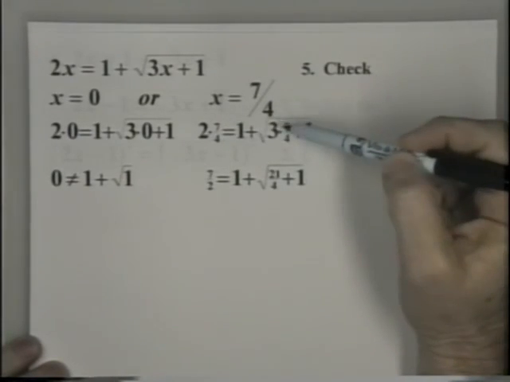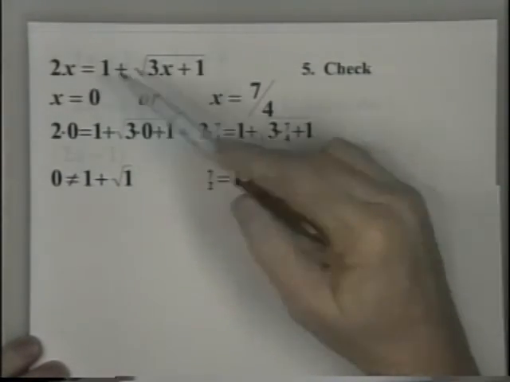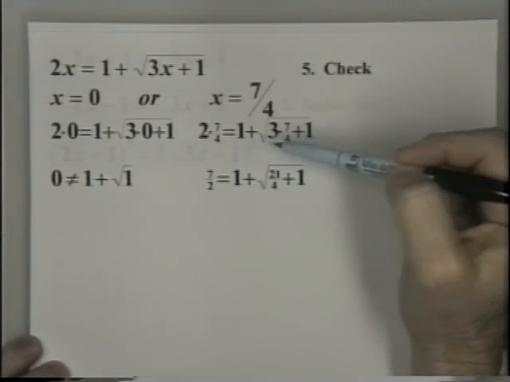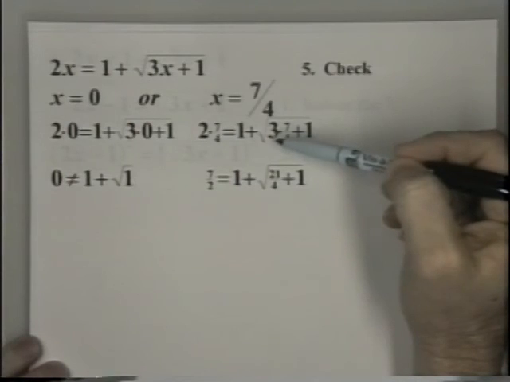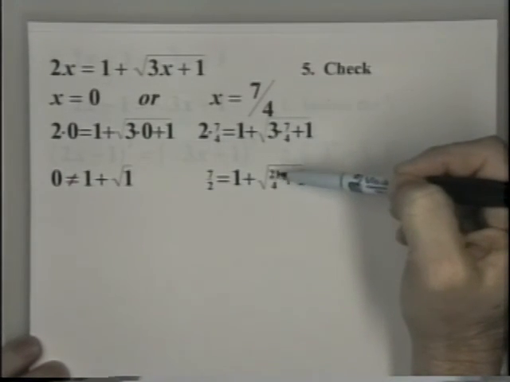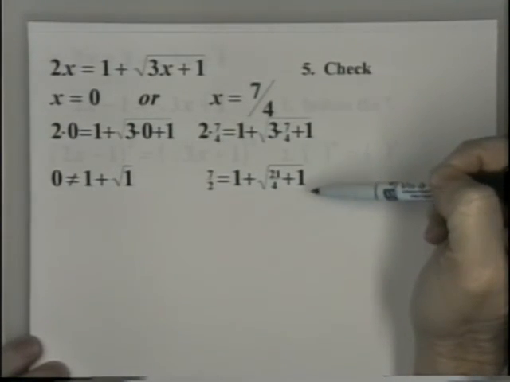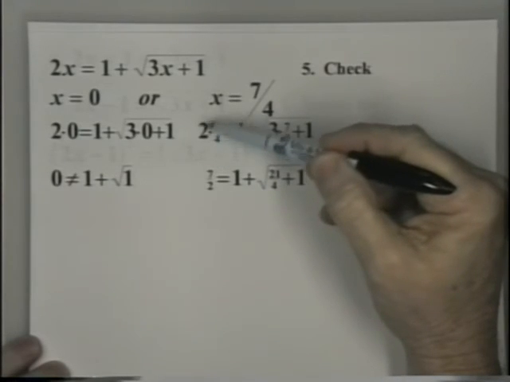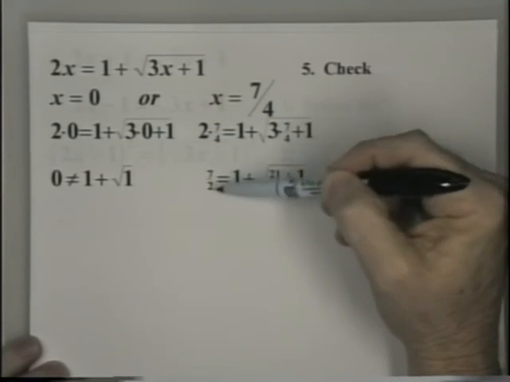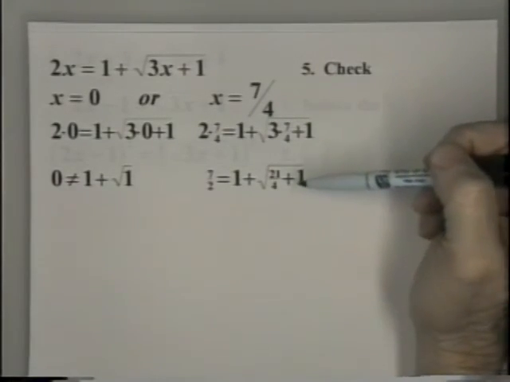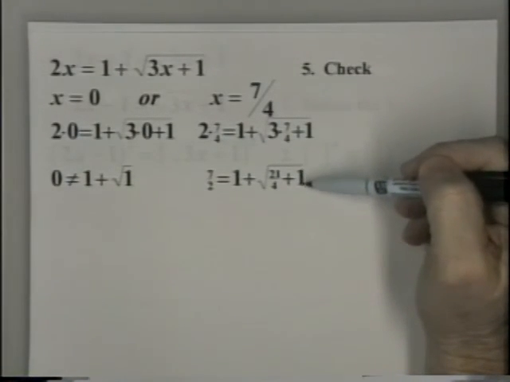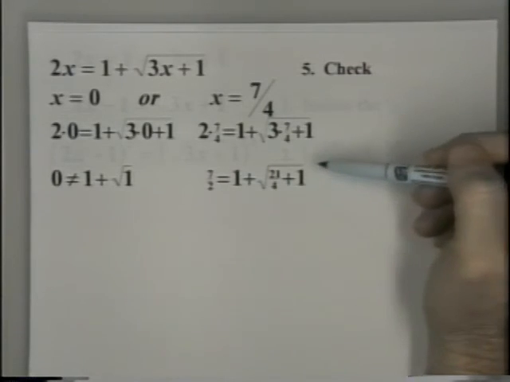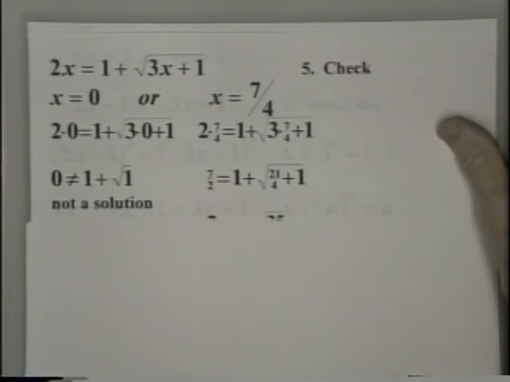We put 7/4 in place of x. There it is. And 3 times 7/4, that's 3 over 1 times 7 over 4, that's 21/4. And on the left side, 2 times 7/4 is 7/2. 21/4 plus 1, that's 21/4 plus 4/4. 21/4 plus 4/4 is 25/4.